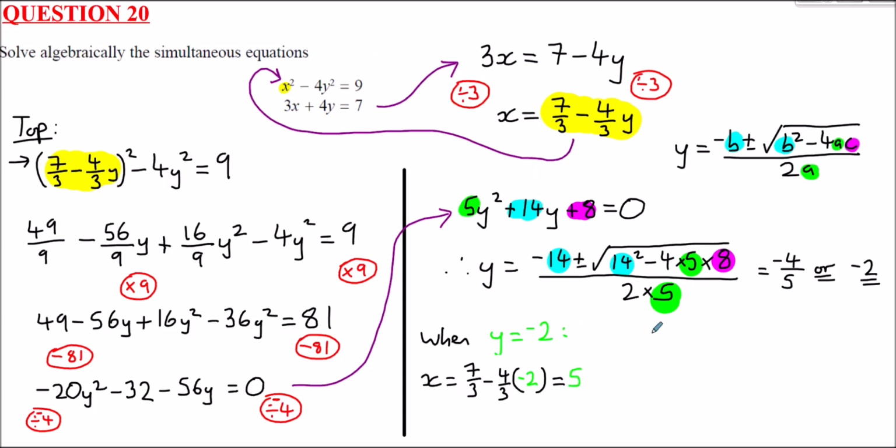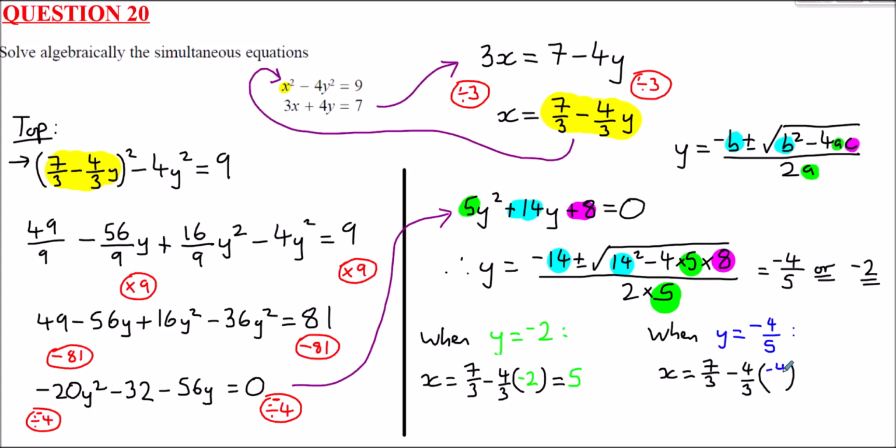The other solution pair we work out when y is equal to minus 4/5. So what happens when y is minus 4/5? So using the same equation, we would get that x is 7/3 minus 4/3 of minus 4/5.